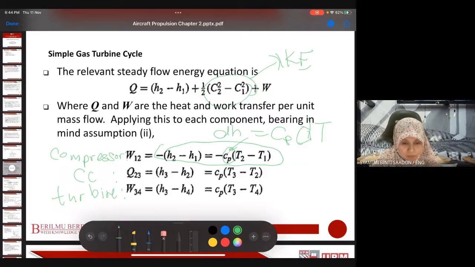So we only have work and enthalpy change, Cp times the difference of temperature. That is how we calculate the energy balance and the performance of each component: compressor, combustion chamber, and turbine.